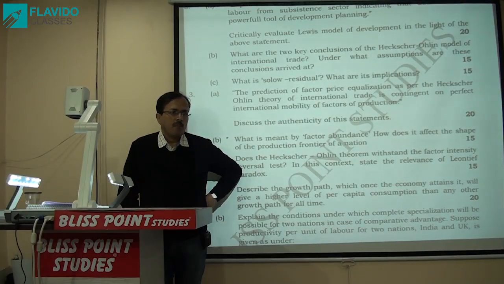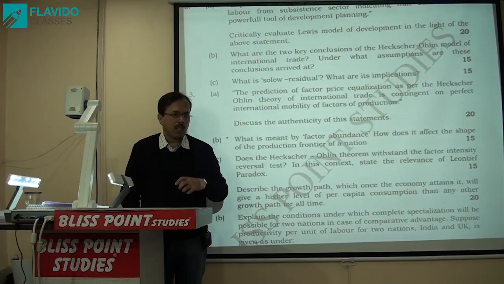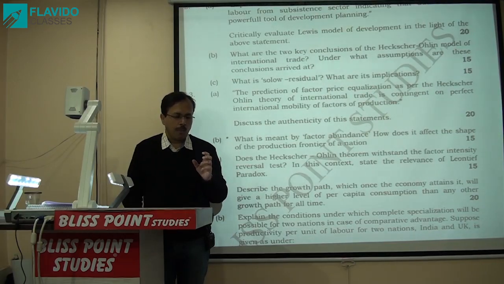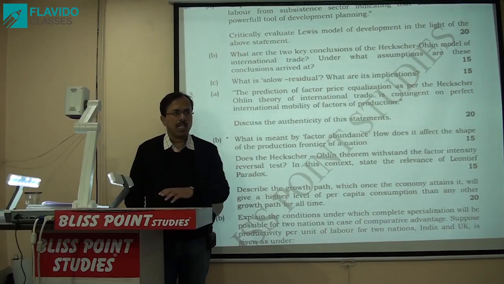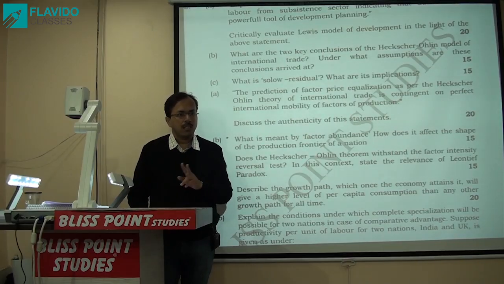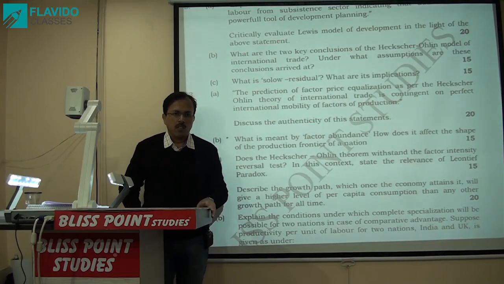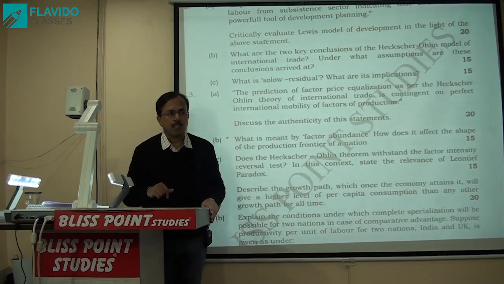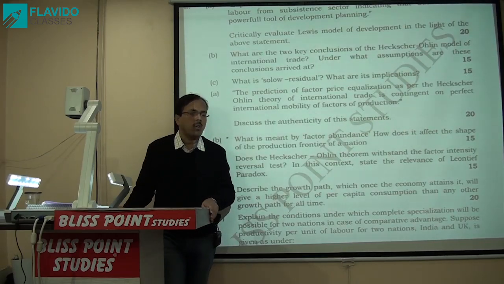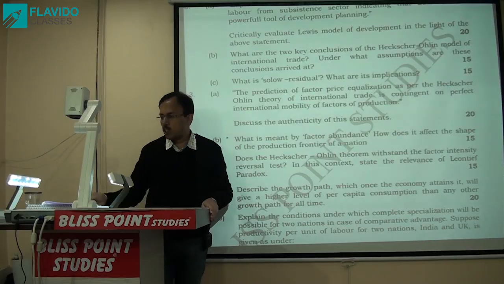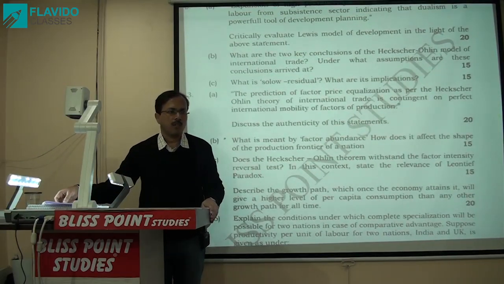Factor intensity reversal means if cloth is labor intensive in the home country and the same good becomes capital intensive in the other country, then factor intensity gets reversed. So if that happens, then will the HO model hold or not?